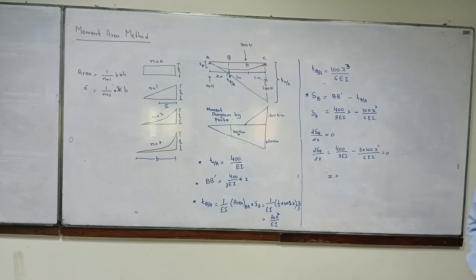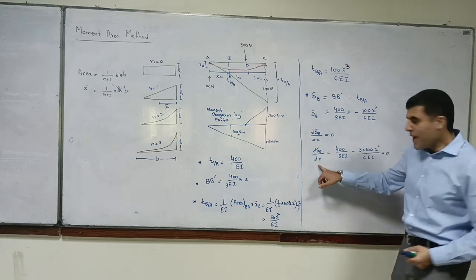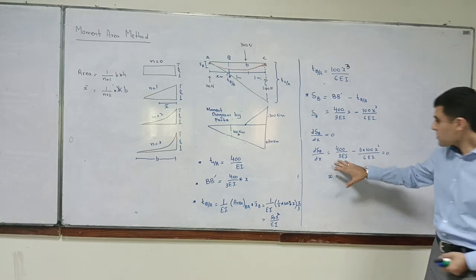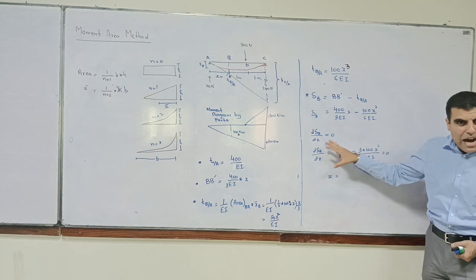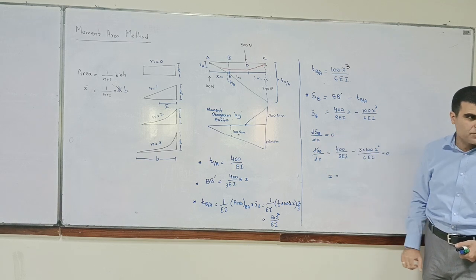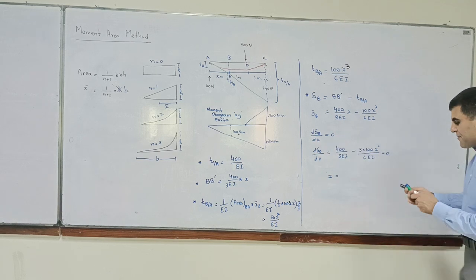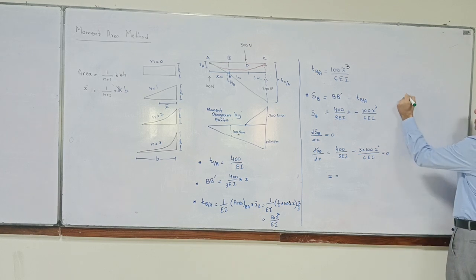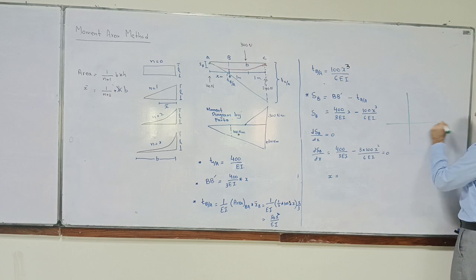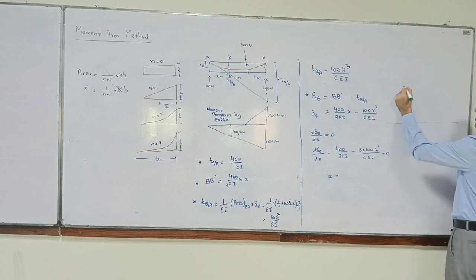Look, guys, please, we should maintain some discipline. Okay? The question came, how did we get this equation? If I have got a curve, I know that the deflection would be zero at the point of maximum.